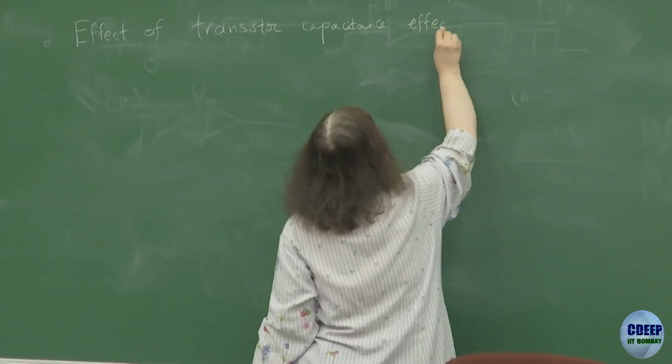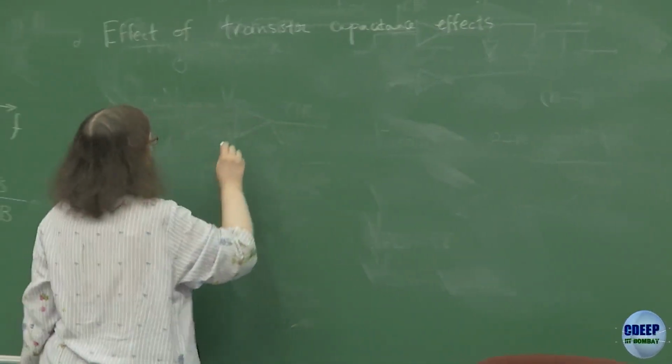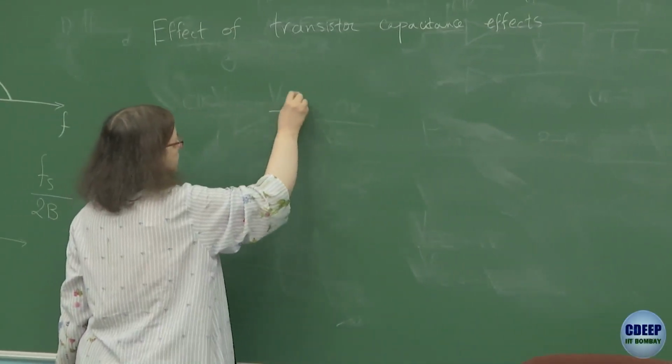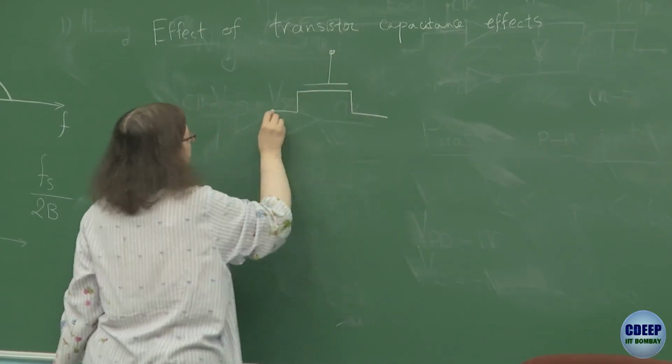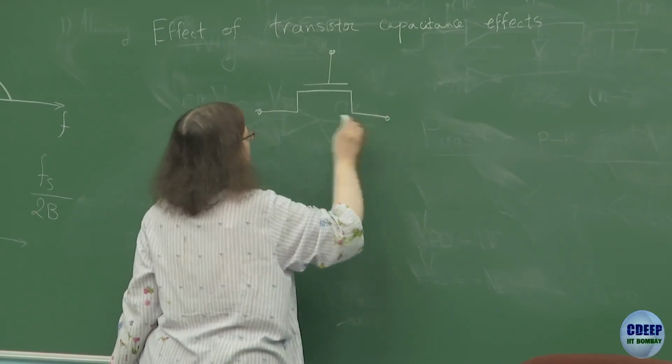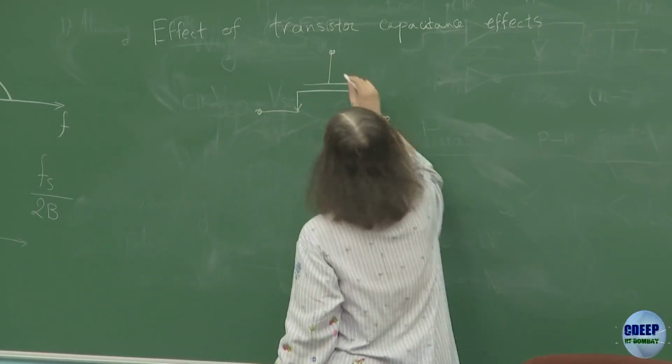So what are these capacitance effects which are happening in a transistor? They are happening at different parts. But to show you in an equivalent lumped model, which is an approximate model, you can consider we have this kind of capacitors.